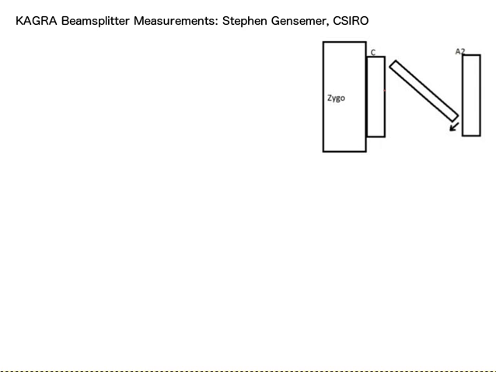So first, let's just think about what happens when we have the beam splitter sitting in the interferometer. So we have a laser inside the interferometer, and the light from the laser comes out in parallel rays, collimated, and it strikes this surface.